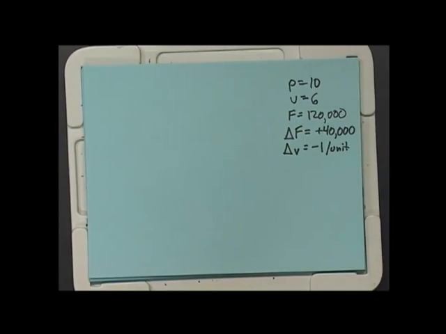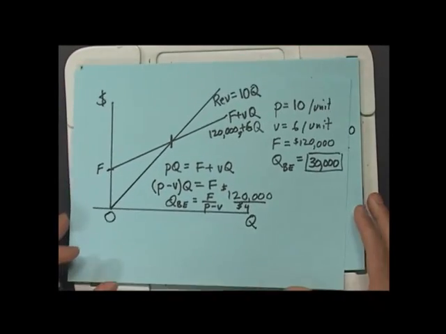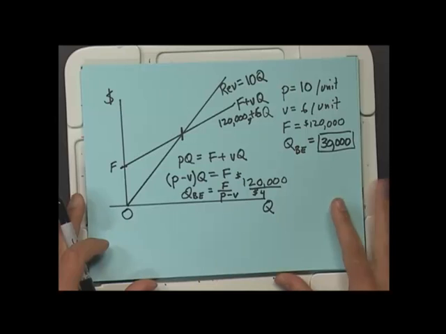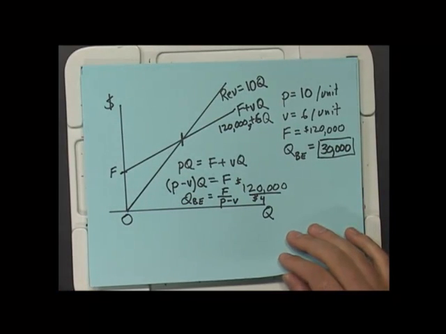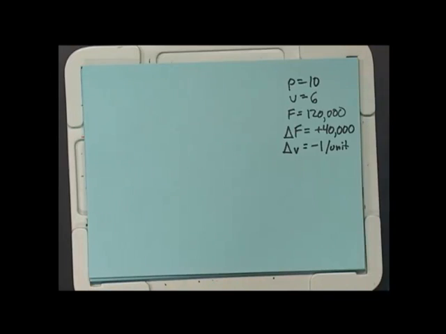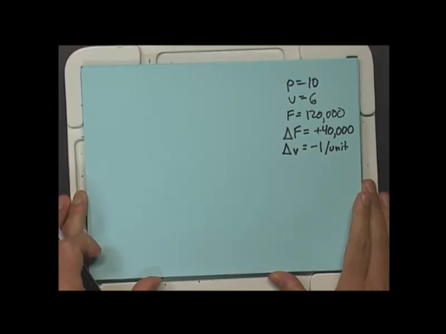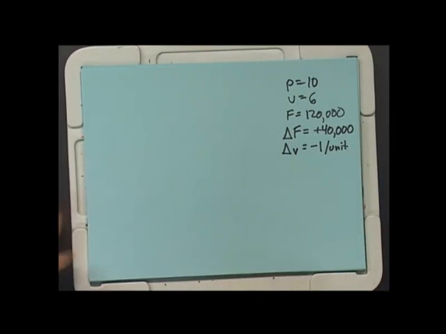Just as we can ask how much we need to sell in order for this business to break even, here we're going to ask how much we need to sell in order for this investment decision to make sense.